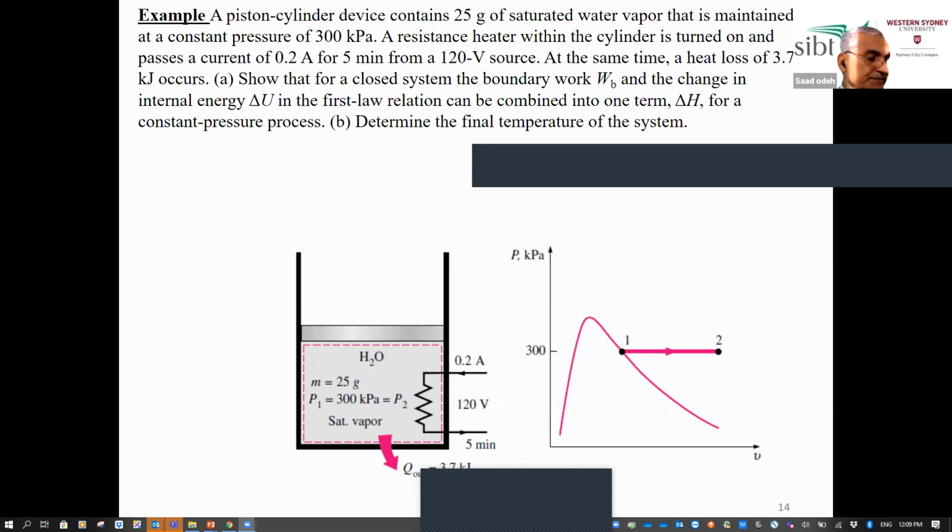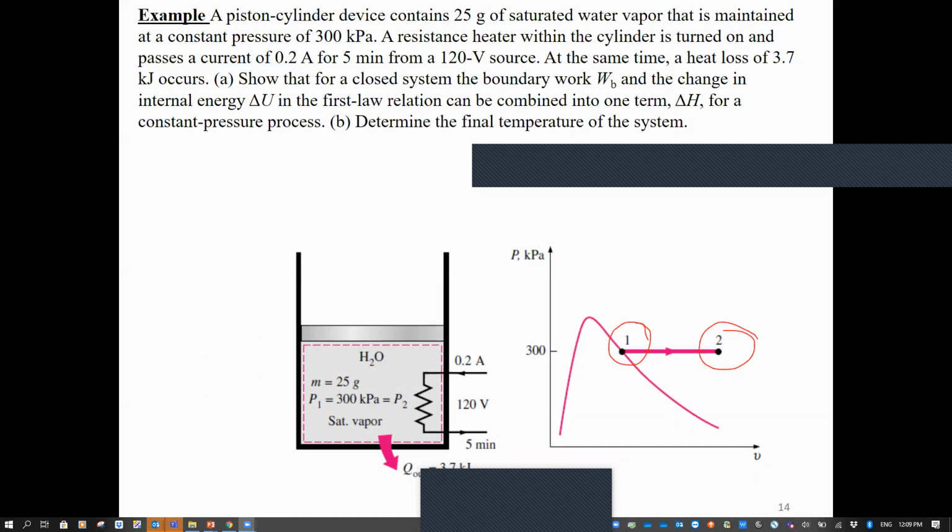So pressure 1 is 300, pressure 2 also 300, and then what do we call this process if we have constant pressure? Isobaric? Yeah. Correct, isobaric process. Thank you.